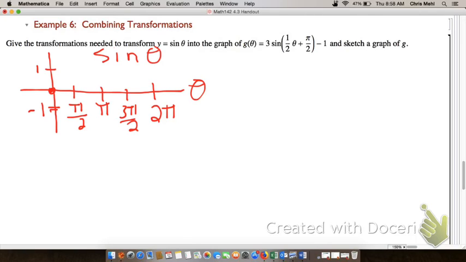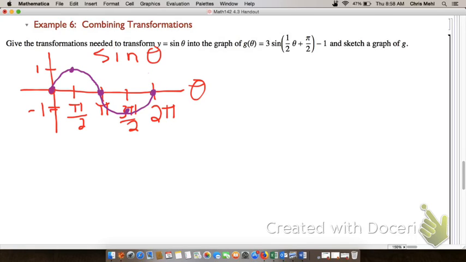Sine starts at 0, increases to positive 1 at pi over 2, 0 at pi, negative 1 at 3 pi over 2. So there's a fundamental cycle of sine.